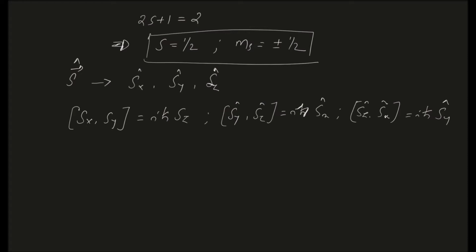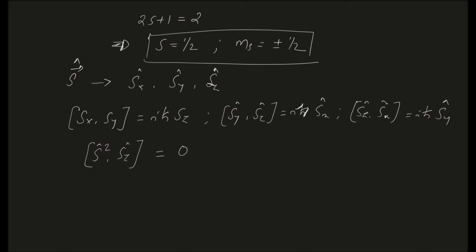So if you take the commutation relation between S squared and S_z, or any component of this spin angular momentum, it will be 0. So these commuting operators tell us that they can have a common eigenvector.